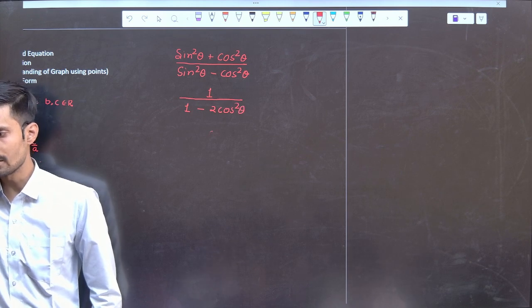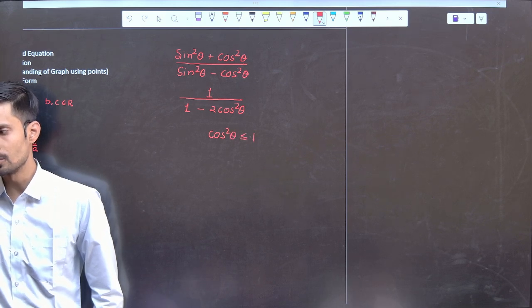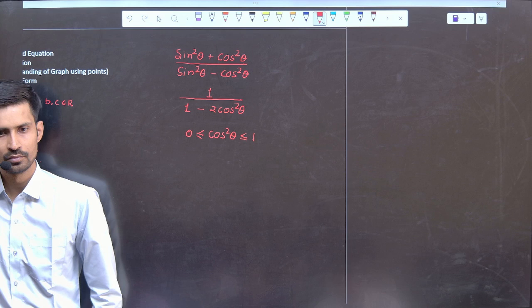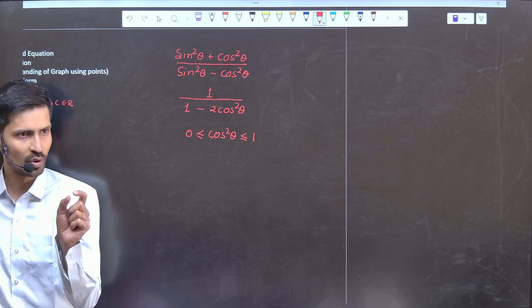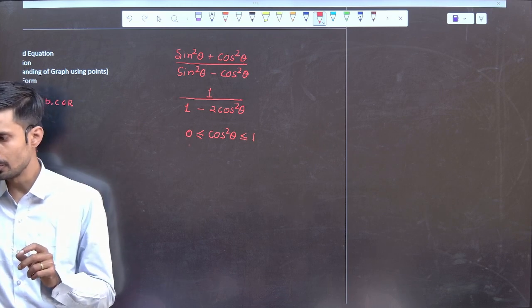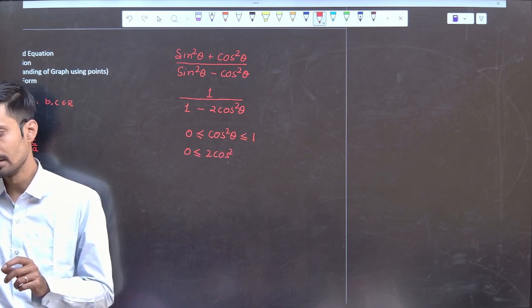Now I will take cos square theta. Cos square theta is less than or equal to 1, greater than or equal to 0. I will multiply by 2. 2 into 0 is 0. So 2 cos square theta is less than or equal to 2.